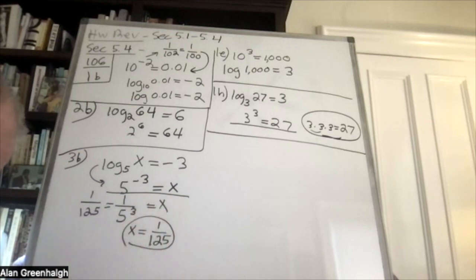And I think what I had left out was a parentheses. In other words, if I had put 1 divided by parentheses 5 to the third. No. Let me go backwards on this thing.